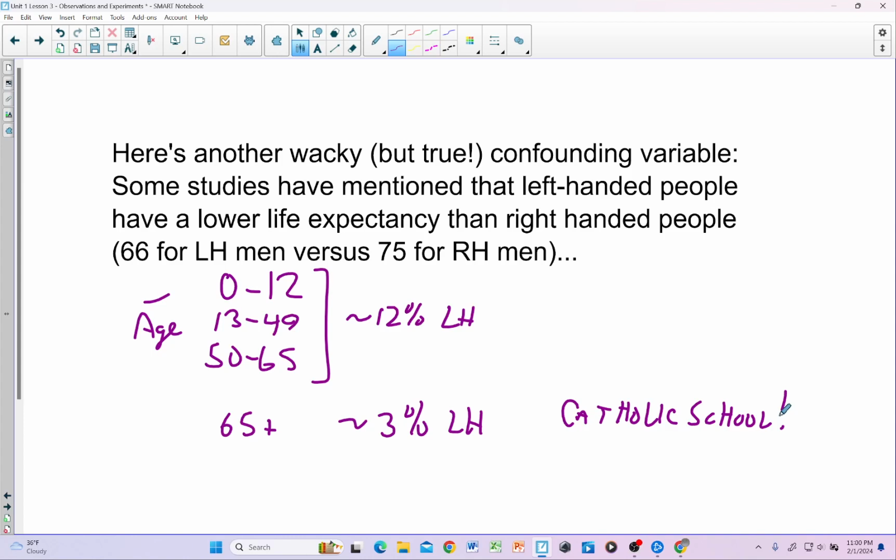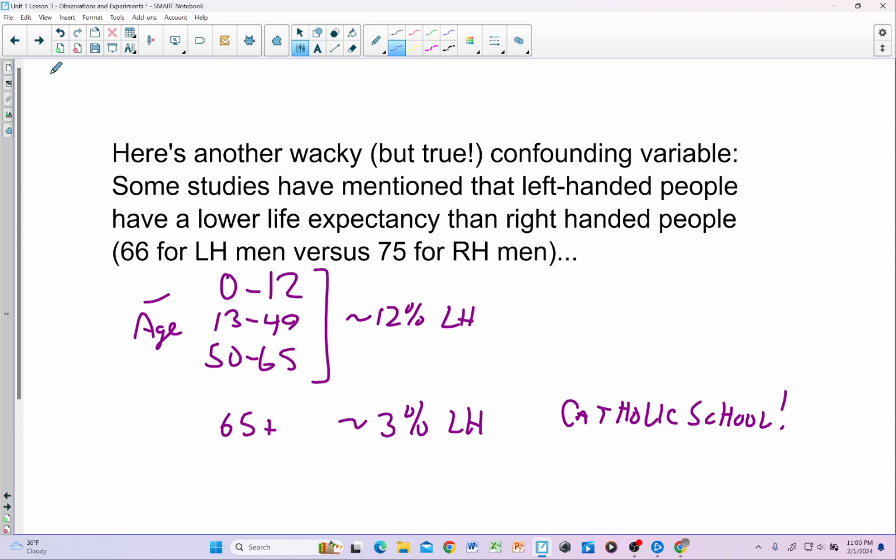Once you get to the 70s, 80s, public school became the thing for most people. And once those rules went away, you're all of a sudden going to revert back to that 12%, no matter what age group, no matter what subgroup of people you look at. So, this difference is about to go away.